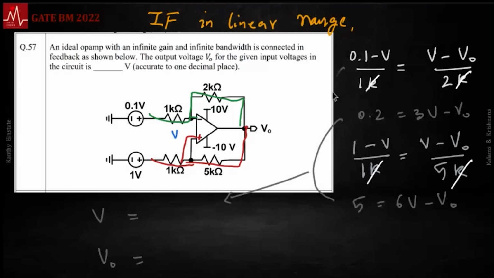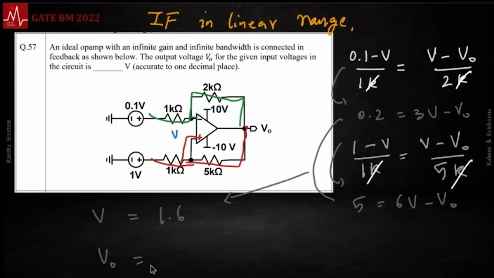I got it from this equation. I got it from this equation. Now I'm taking those two equations and solving them. V equals 1.53, I'm getting, but okay, 1.6. Why am I getting 1.53?